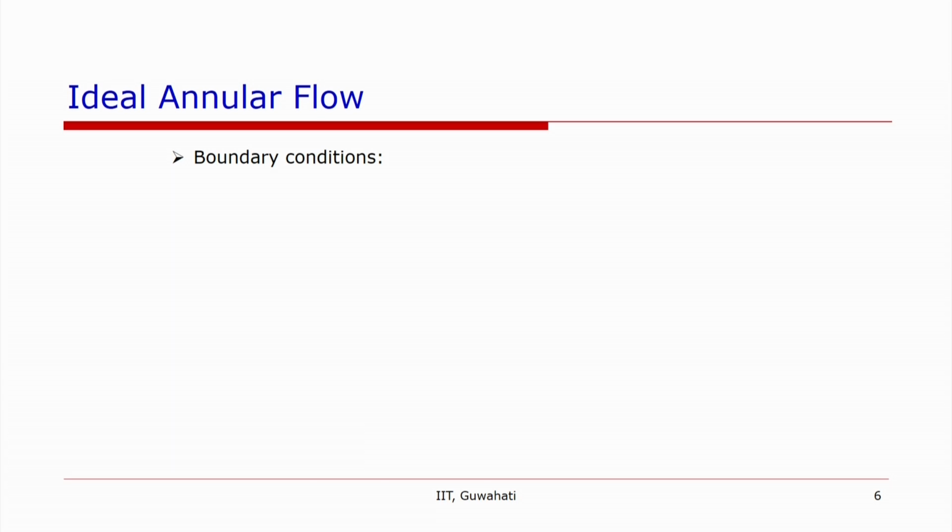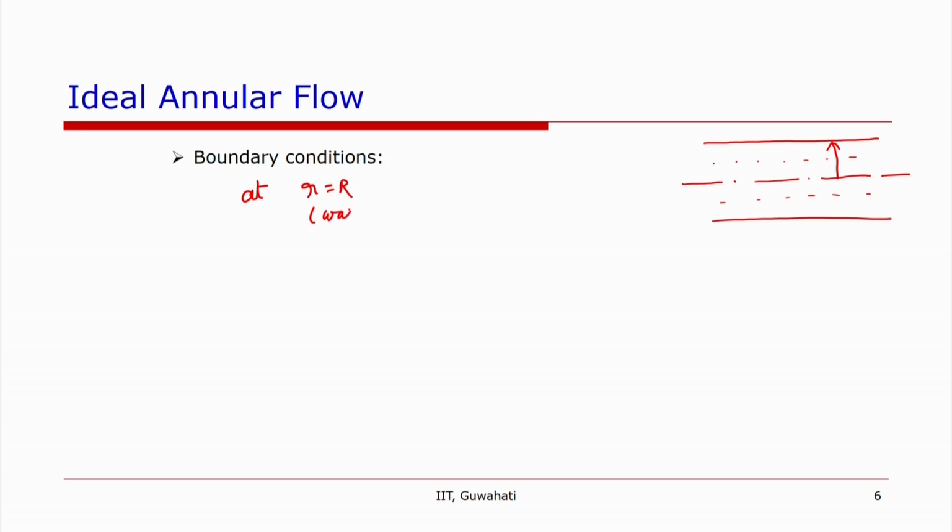Let us look at the boundary conditions. So the configuration we look at again: this is our interface and the center. At R is equal to capital R, which is the channel wall, we will have V of liquid, because this is the liquid phase and this is the gas phase, so VL is equal to 0.